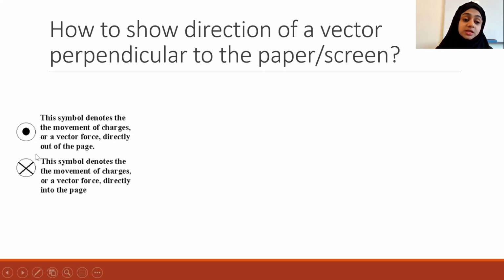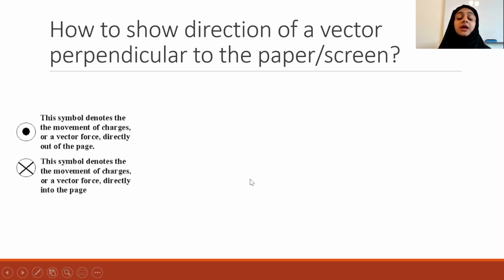Now, if it is going into the paper or into the screen, this symbol, that is a cross, denotes the movement of charges or a vector force directly into the page. So if there is an electric field or a magnetic field, then you can show it with the cross.